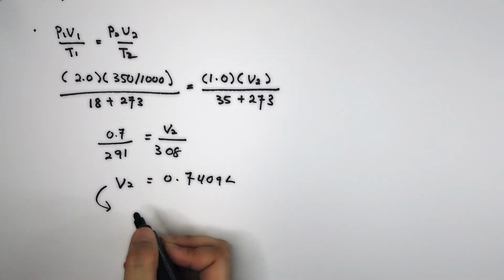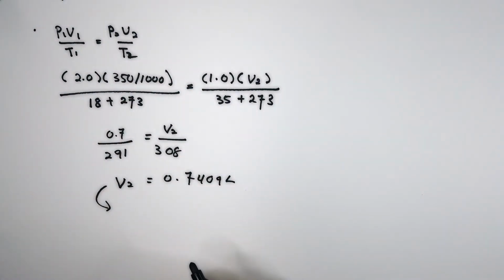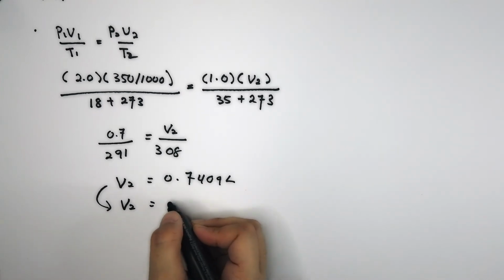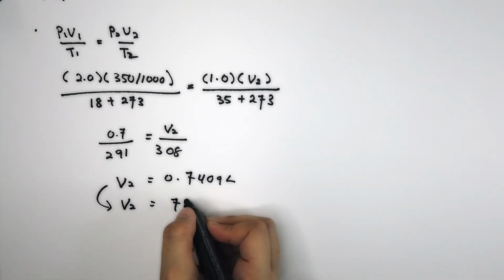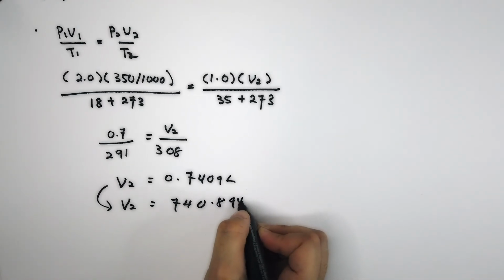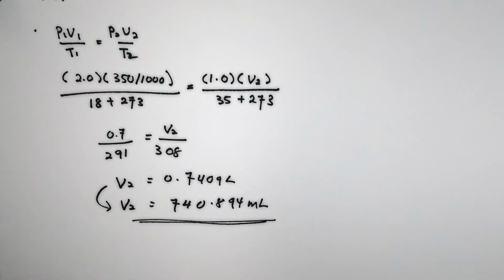Since we want it to be in milliliter, because at first the volume given to you is in milliliter, so your V2 is equivalent to 740.894 milliliter. So this is the final answer for the second question.